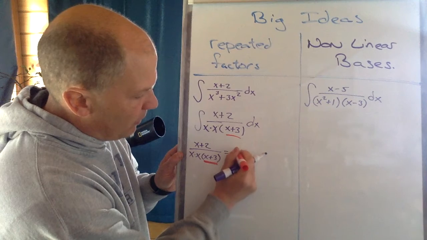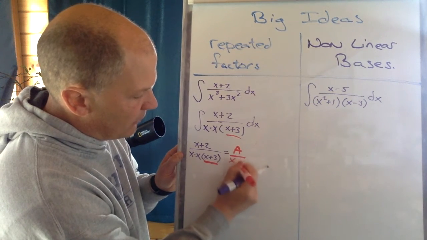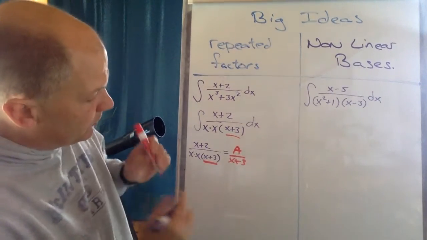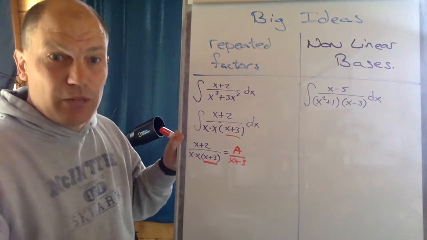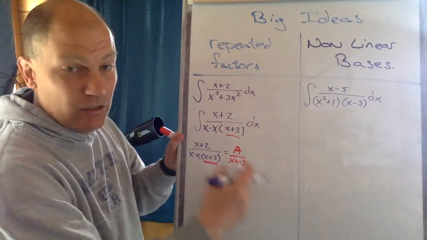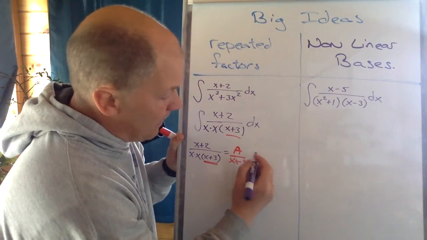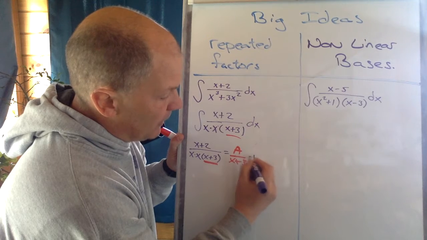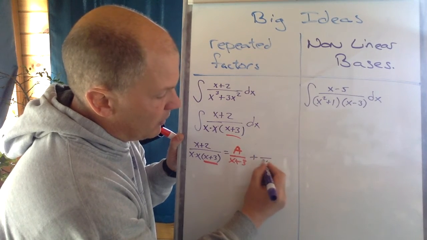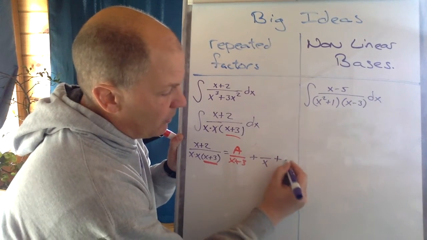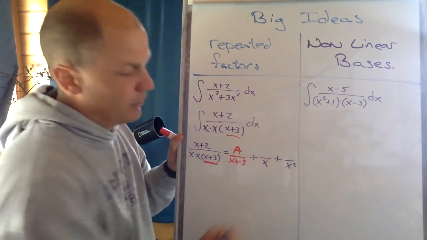We know that one of our terms is going to be A over x plus 3, and we're going to have to solve for that A. Now we're going to talk about these double terms. You would think that maybe you could just do B over x squared or something, and it doesn't work out quite that nicely. What we need to do is 1 over x, because it's 1 x, and then we're going to do another one over x squared.